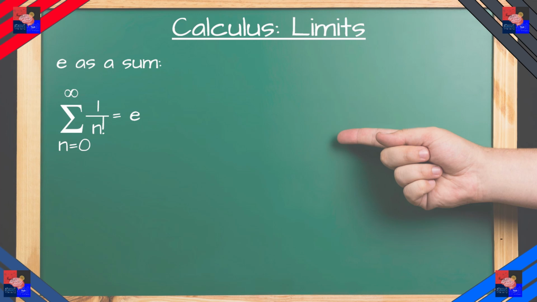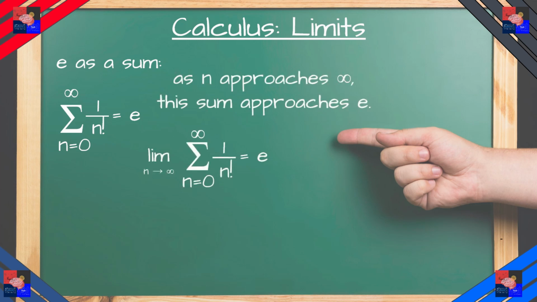Calculus is about limits. It's at the heart of calculus. And limits can be expressed here. If you can see the sum, we express this as a sum. So after expressing it as a sum, as n approaches infinity, this sum approaches e. And here's this cool notation. Limit of n approaches infinity, the sum approaches e.